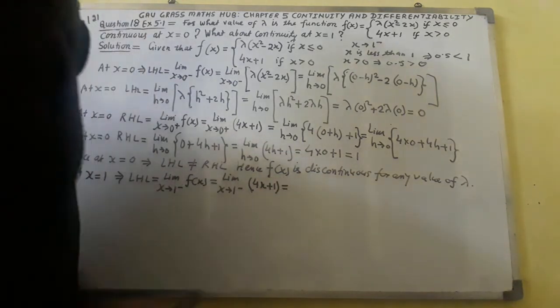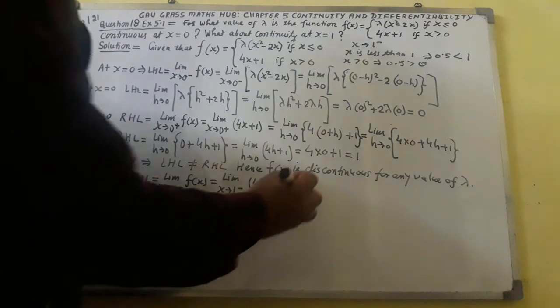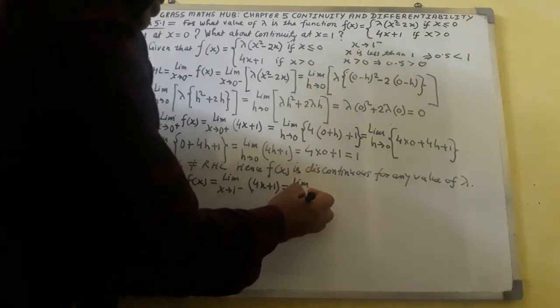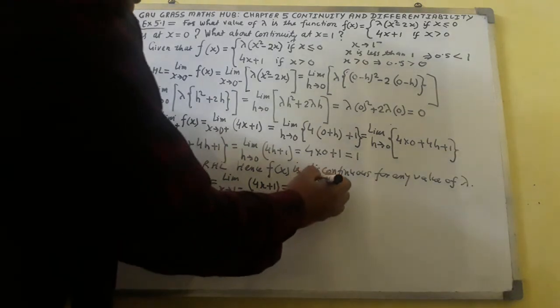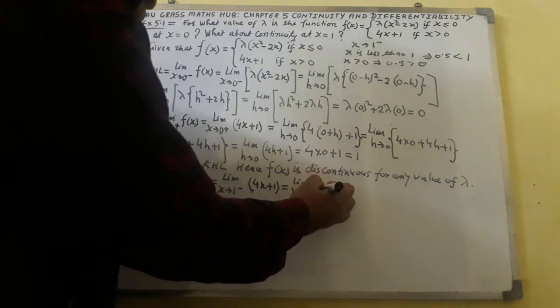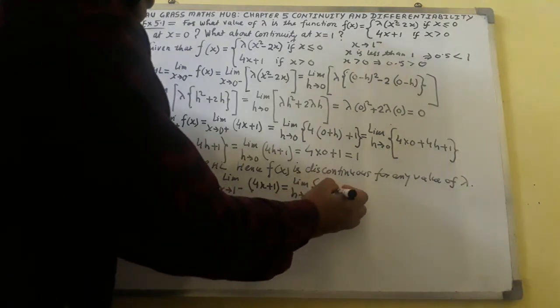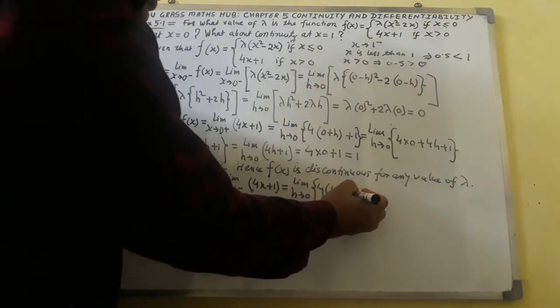is equal to lim h tends 0, 4 will come. In place of x, I shall write 1 minus h, plus 1.